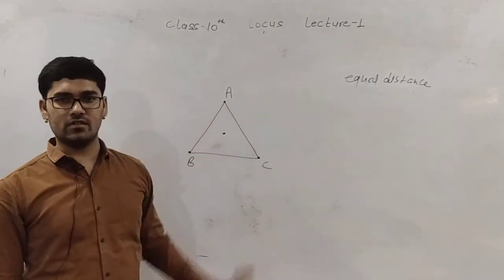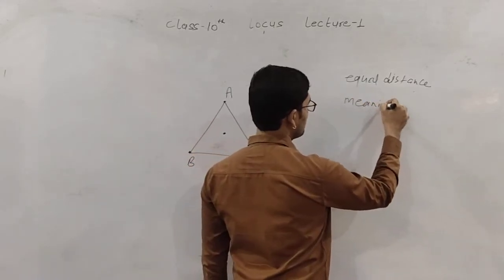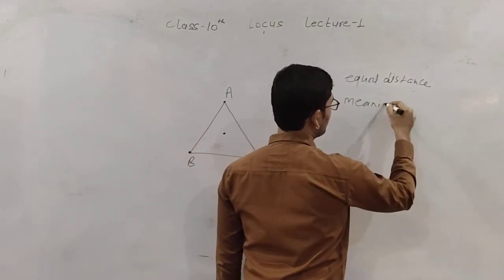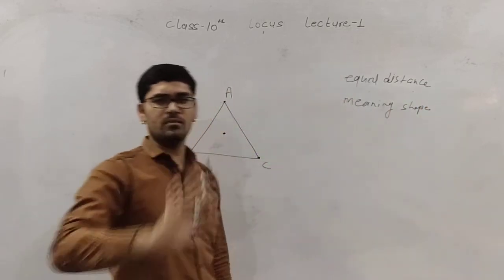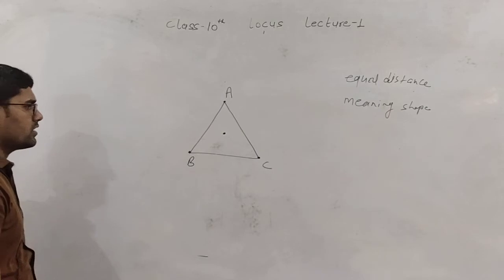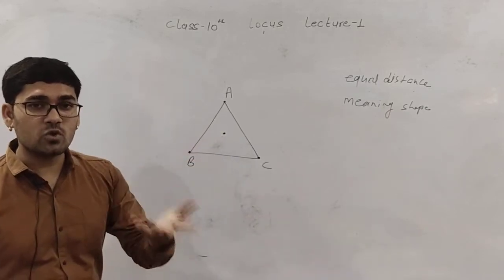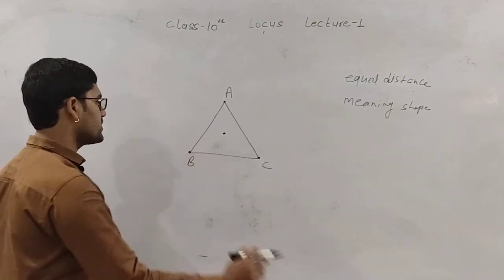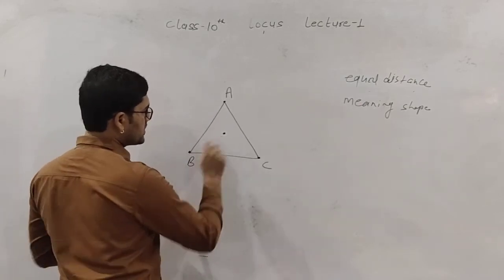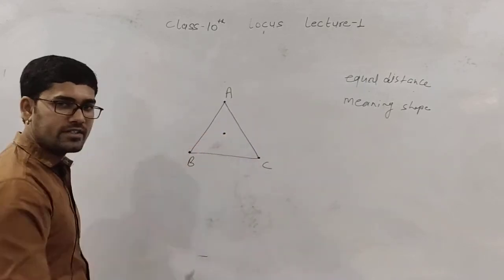The first condition is satisfied, equal distance. Then it must also be a meaningful shape, or have some meaningful definition. So we are supposed to give it a name, because locus is always the name of a shape. So this distance is equal, and this is also equal, all the distances are equal.